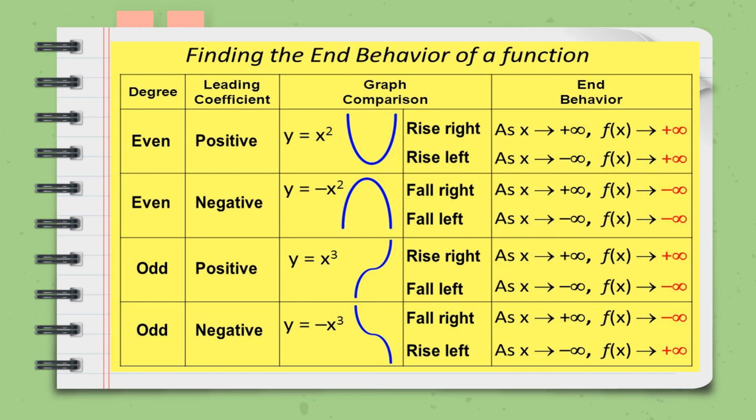If that is positive, it rises to the right, which is positive infinity. In the same way, it rises to the left, which is negative infinity, but the leading coefficient is positive, so your end behavior is positive. It is the opposite with a negative leading coefficient. So you know already how to find the end behavior of a function.